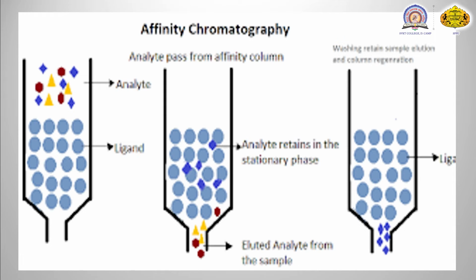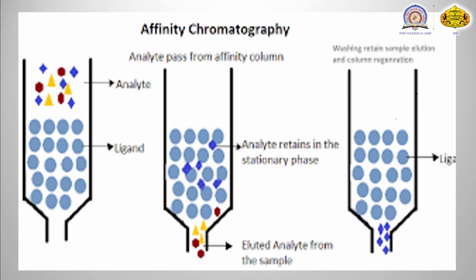So your matrix should be insoluble in the solvents and buffers employed in the process. It should be chemically and mechanically stable. It must be easily coupled to a ligand or the spacer arm onto which the ligand can be attached. It must exhibit good flow properties and have a relatively large surface area for attachment. The most useful matrix materials are agarose or polyacrylamide.